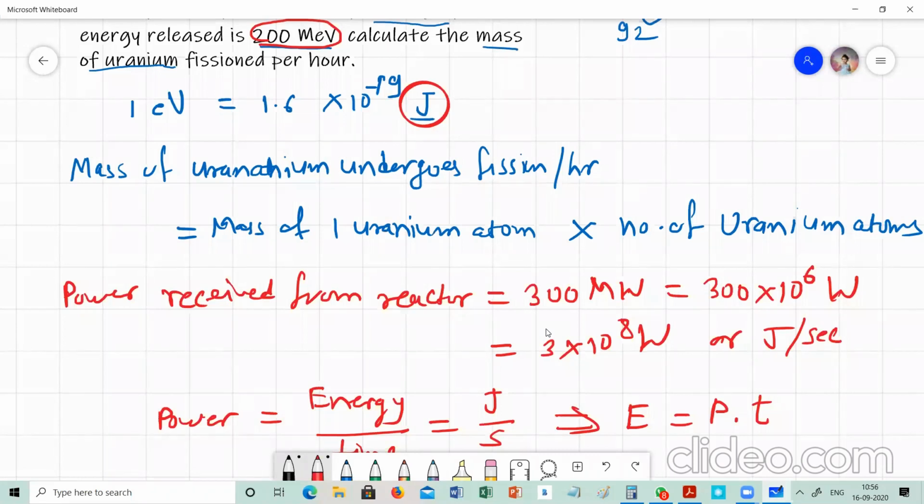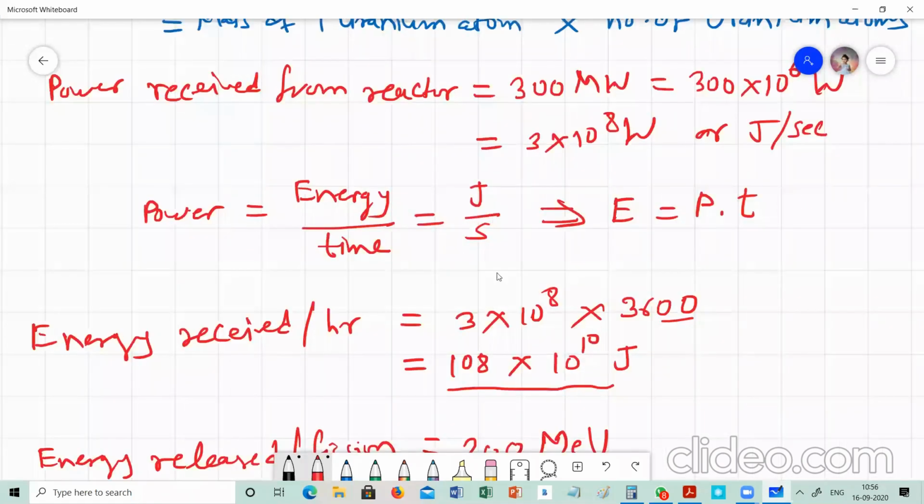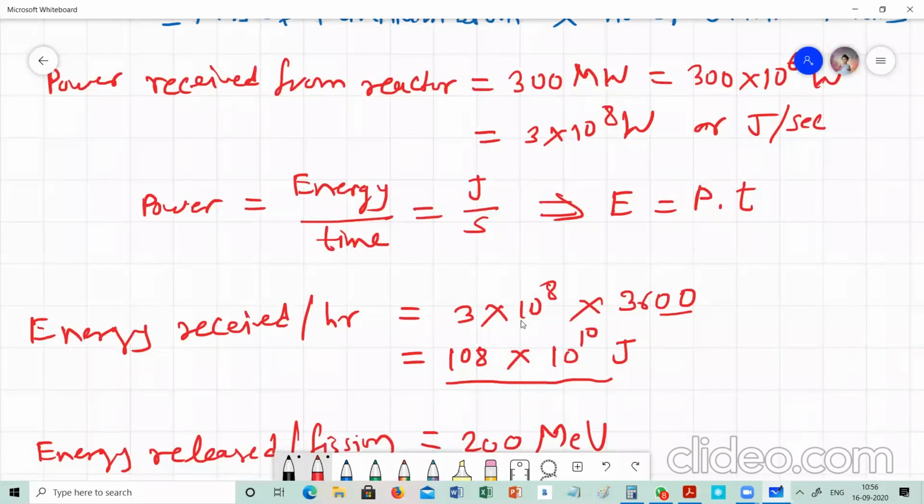So we have to calculate those two things, and from the given data, power is equal to 300 megawatt. Then we convert it into watt or joule per second, and after that we convert it again into energy per hour.